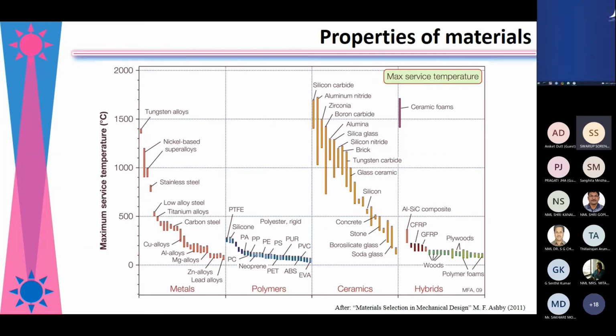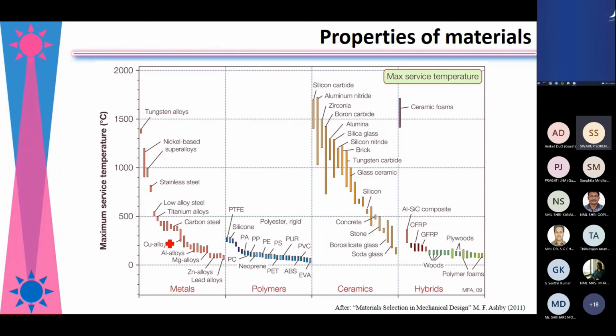Professor Ashby, he collected a lot of data and tried to correlate them to put in proper perspectives. And this is the chart for different classes of materials, for metals, polymers, ceramics, and hybrid materials, as I talked about in the second or third slides.